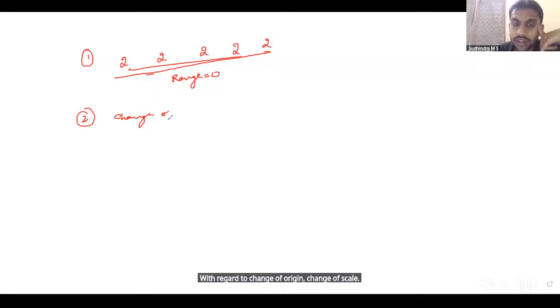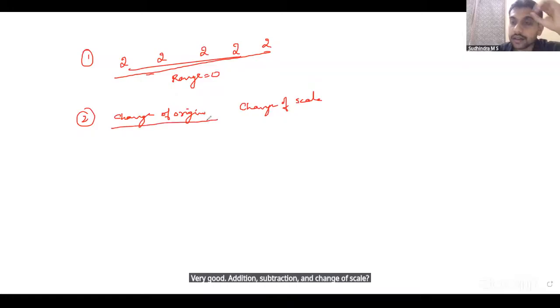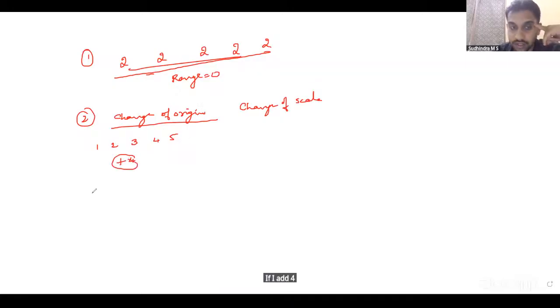What is change of origin? Addition and subtraction. And change of scale? Multiplication and division. So if I have 1, 2, 3, 4, 5 and I add 4 to all the observations, it will be 5, 6, 7, 8, 9.